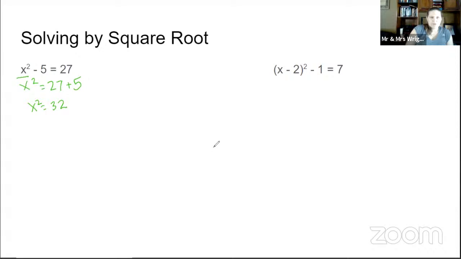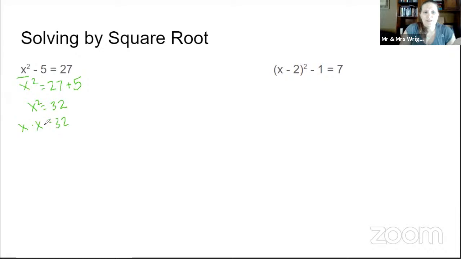So the square root of 32, well, before I get to that, let's say why we're going to find the square root of 32, because this is x squared. And remember, we need to find x by itself. And so x is not by itself right now. x is being multiplied by x to figure out what 32 is.